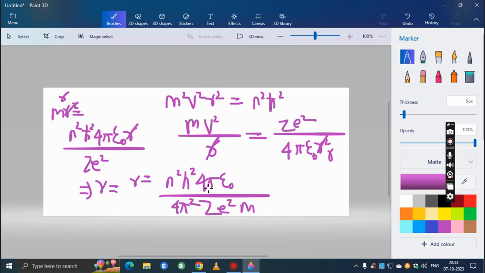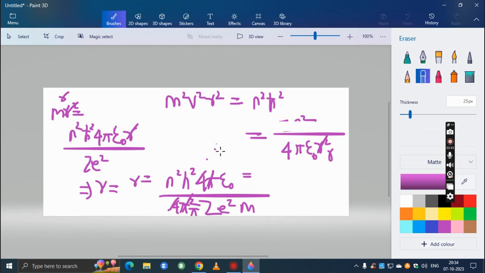So let's see what all we can cancel. Pi and pi, 4 and 4, and that's it. So here we have the final expression. Let me erase this part so that I have more space.